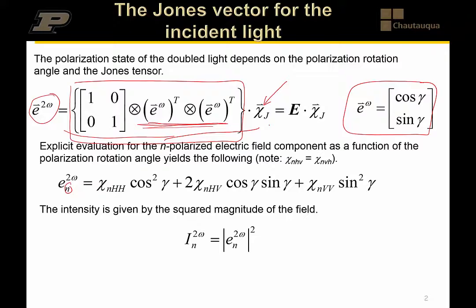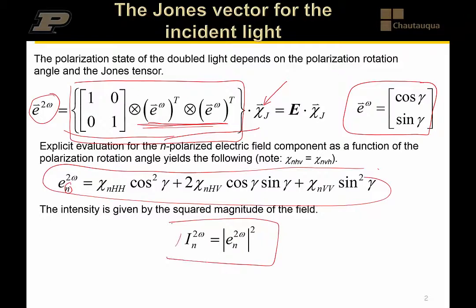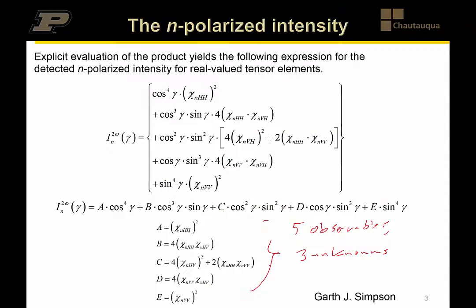And if we just explicitly evaluate and multiply out all of those terms, you end up with this expression for the n-polarized doubled amplitude, the amplitude of the electric field for n-polarized light, as a function of this polarization rotation angle gamma. And of course, if we're measuring the intensity, then we're detecting the squared magnitude of that response. And what does that look like? It looks kind of like this. Just keep on multiplying things out, and then we can group terms.